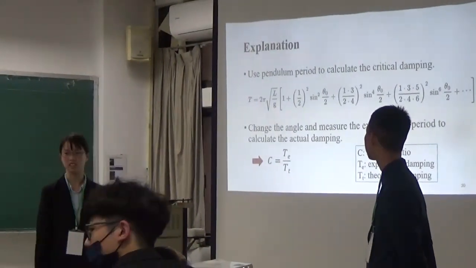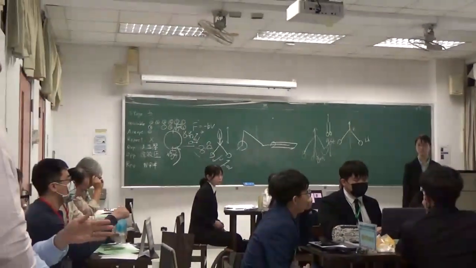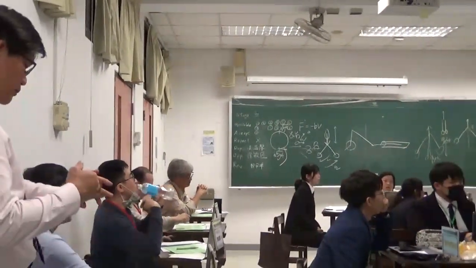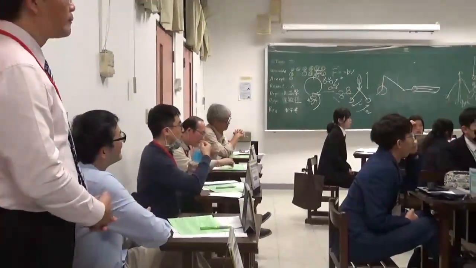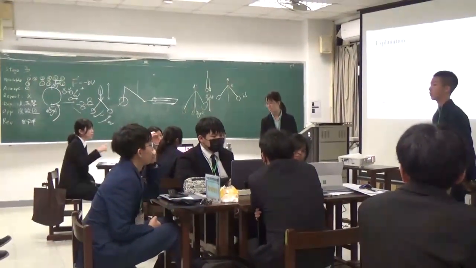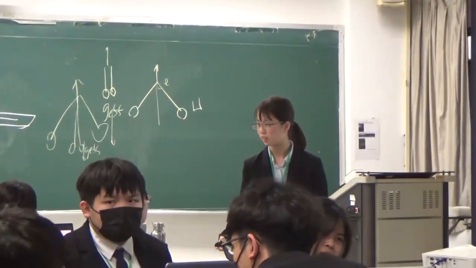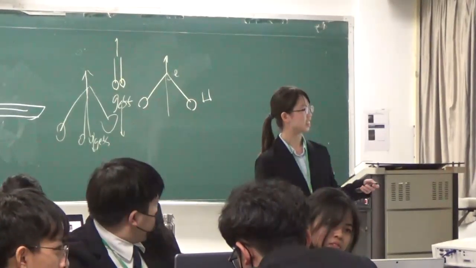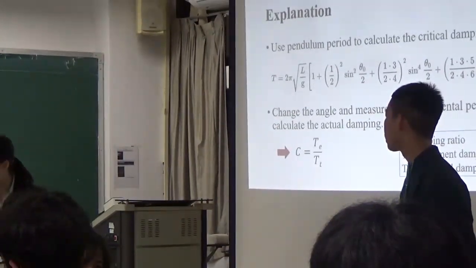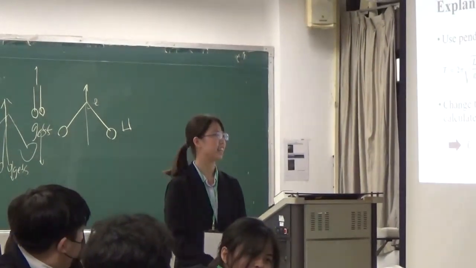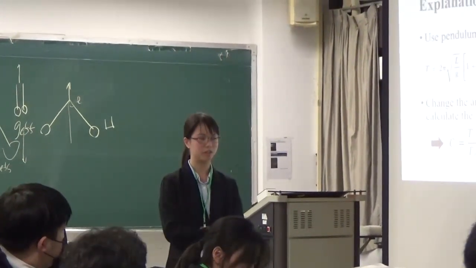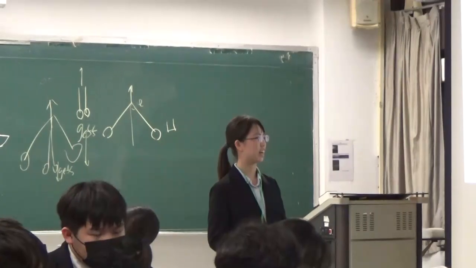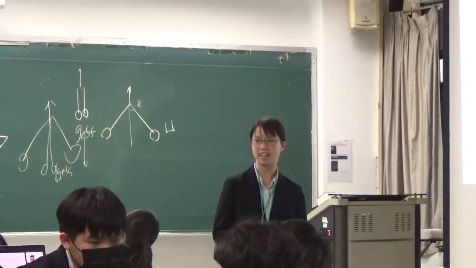How do you justify that calculating up to 10 terms is enough? If you have a large theta 0, you should include all 10, right? We calculate to the tenth, and the sine theta is small enough to ignore after the tenth.